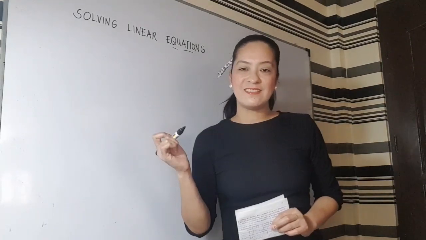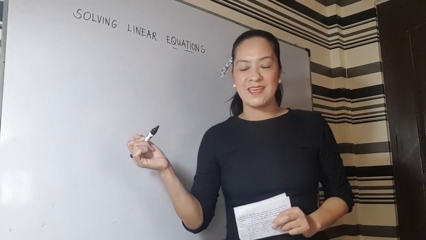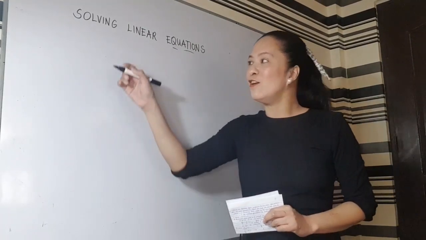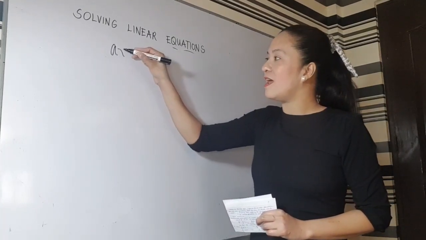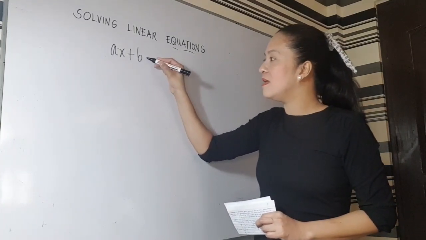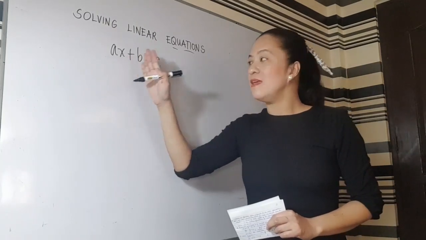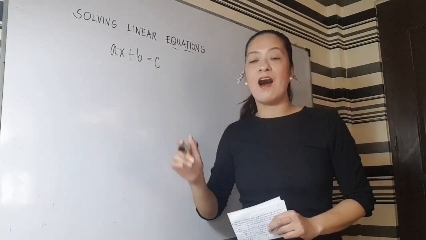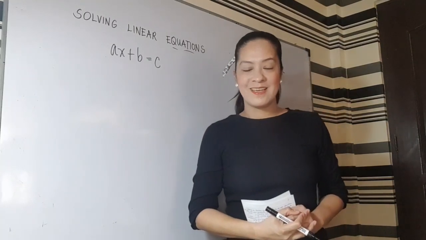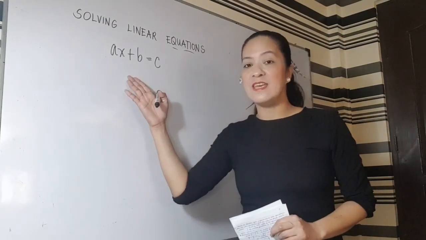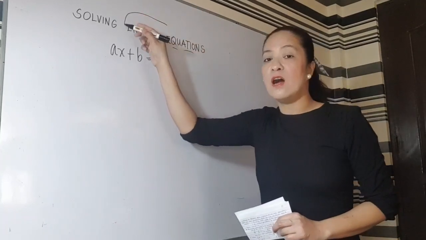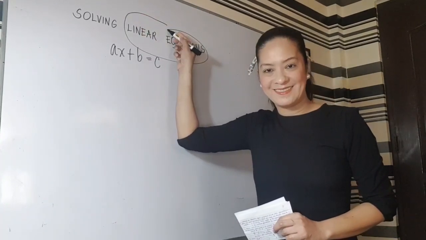In this lesson, we shall study equations in the form of ax plus b equals c, wherein a, b, and c are real numbers. Such an equation is called a linear equation.